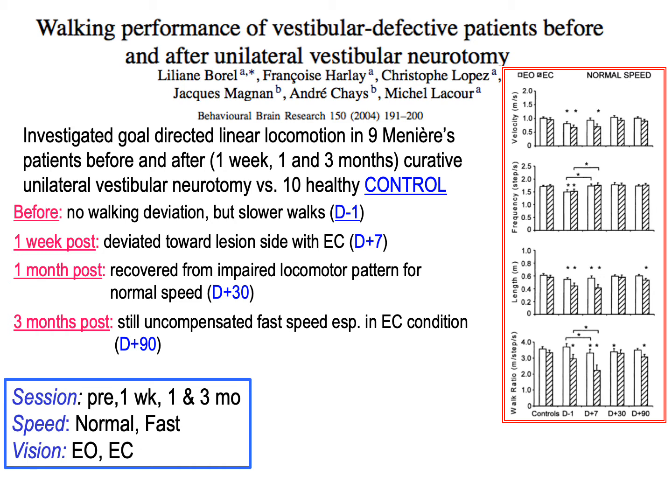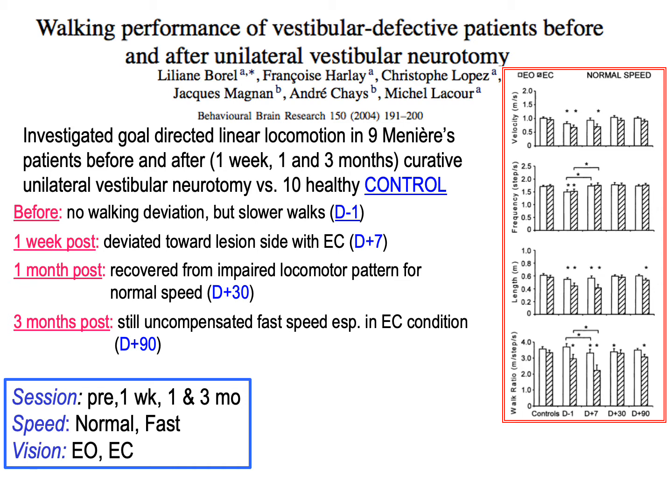Okay, so what did they show here in terms of that normal speed? So before, what you'll notice is obviously the controls, there's no difference between eyes open and eyes closed for any of those 4 different metrics, so walk ratio, length, frequency, or velocity. For D-1, what you'll note is that just prior to surgery, by those stars, it indicates that there was a statistical difference between eyes open and eyes closed.